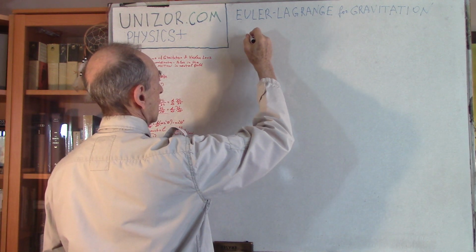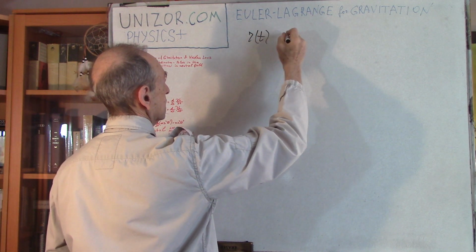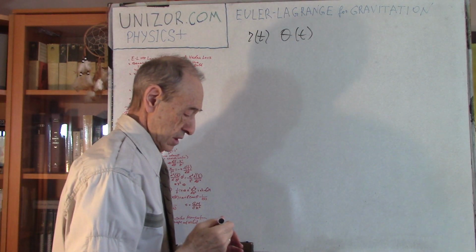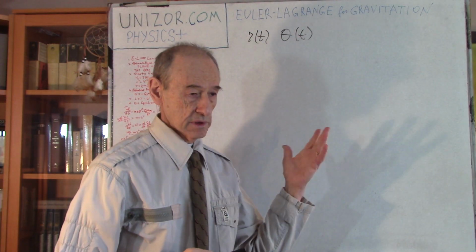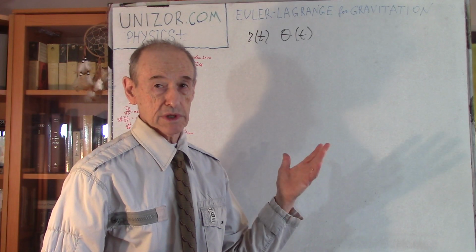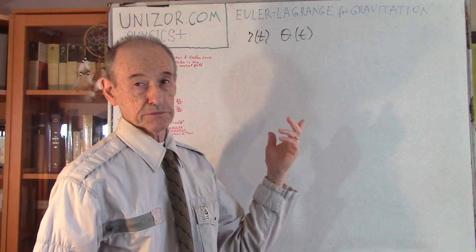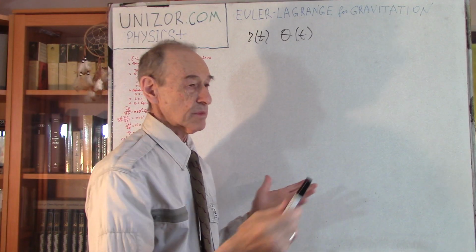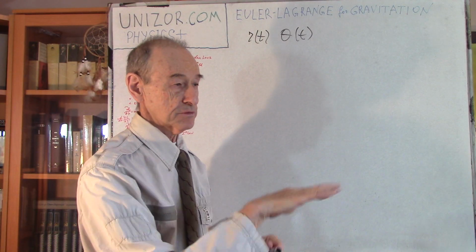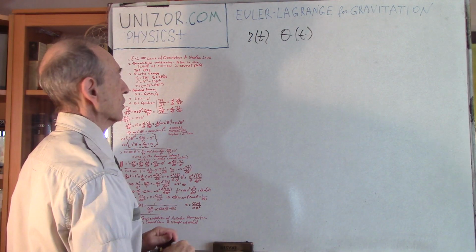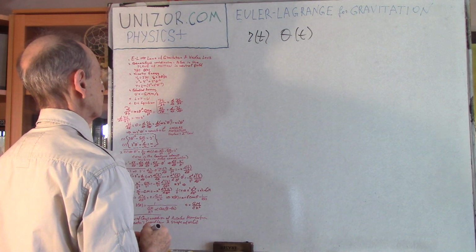I will use r of t and theta of t as polar coordinates. The central source of gravitation, the sun, will be the origin of polar coordinates, and some line on the plane of movement will be the basis line for starting the polar angle.